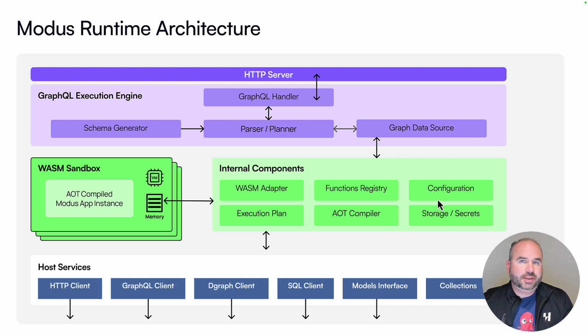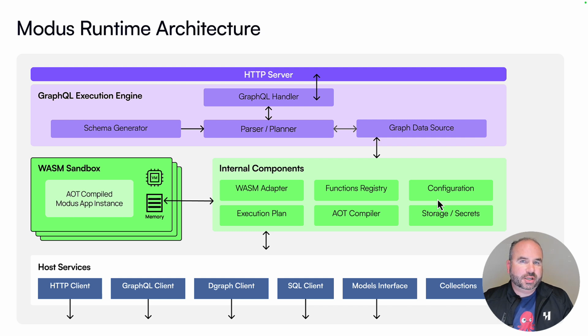Modus does some interesting things with WebAssembly. So we use WebAssembly to target multiple languages for different SDKs. So you're able to write your logic in languages like Go or AssemblyScript, and then under the hood that is compiled to WebAssembly, and a single unified GraphQL API is generated that leverages the types that you've defined in your Modus app and the signature of the functions you've defined to stitch a single GraphQL schema together.